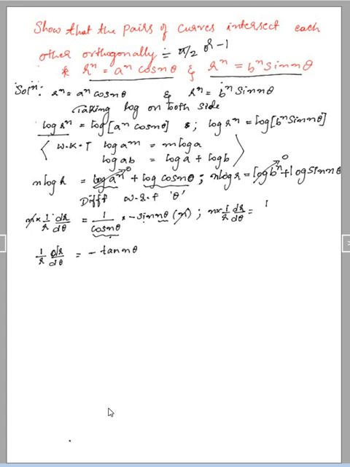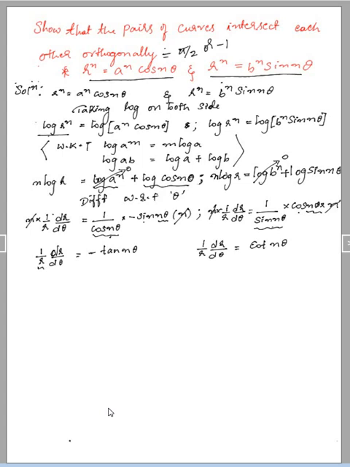The derivative of log sin n theta is 1 over sin n theta into the derivative of sin n theta, which is cos n theta, into the differentiation of n theta, which is n. So again n gets cancelled. You are left with 1 over r dr by d theta, which is equal to cos by sin. Cos by sin is cot n theta.